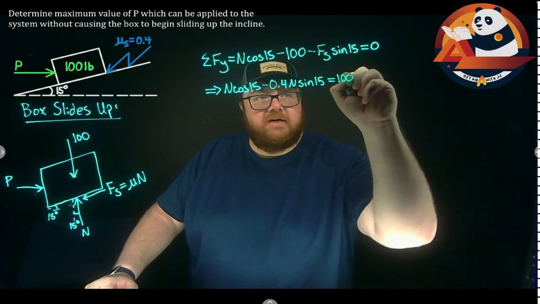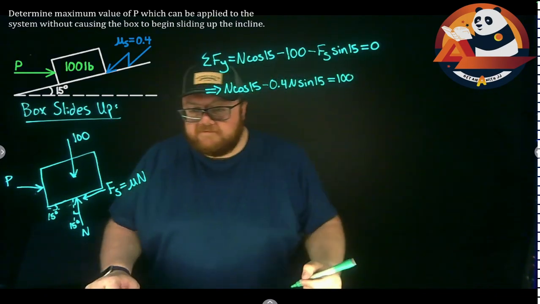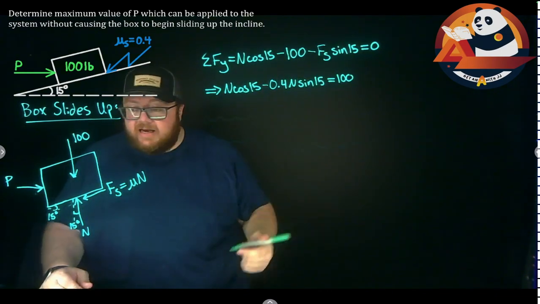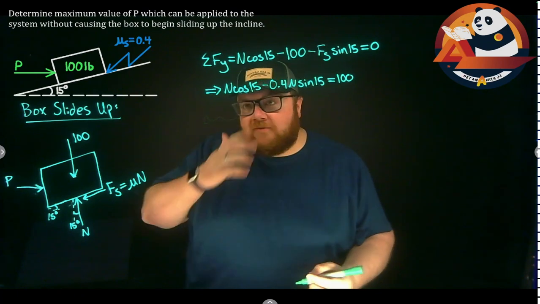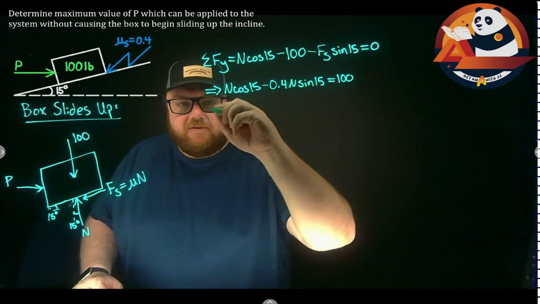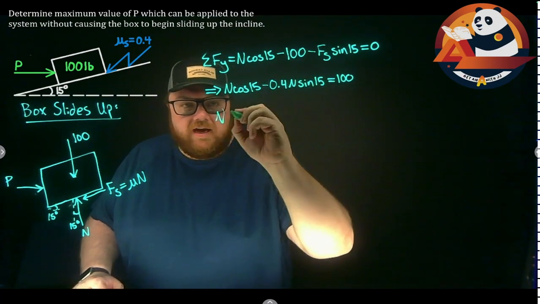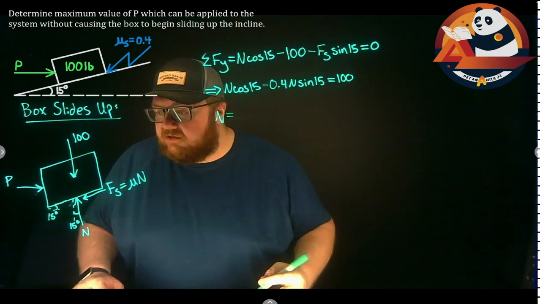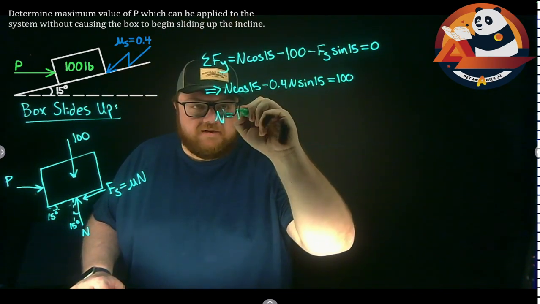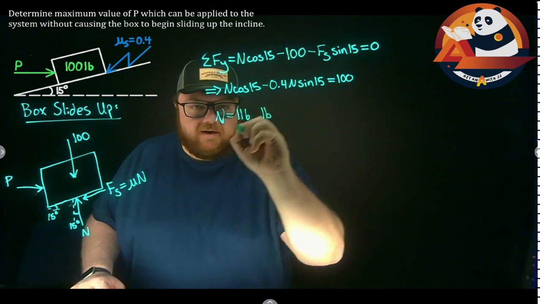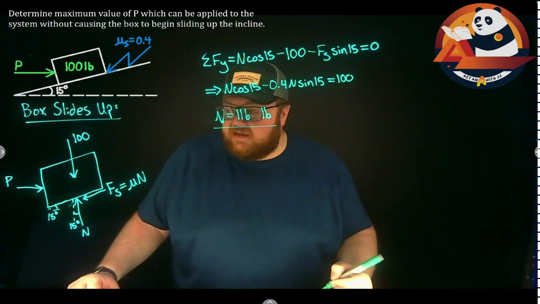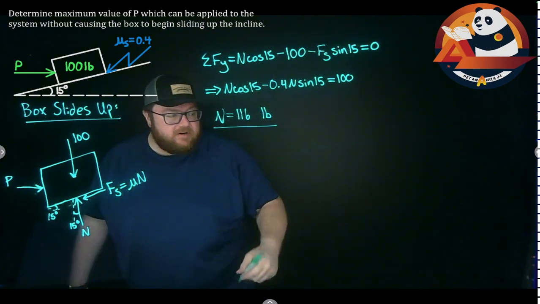Equals 100. I've just moved that 100 to the other side. And now I have it down to just N as an unknown. I can solve for my normal force. I will get from that my normal force, N, is equal to 116 pounds. Which isn't an answer, but it's a key calculation for us.